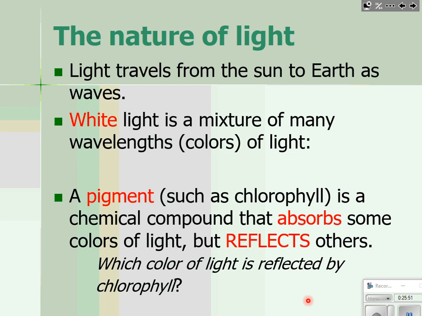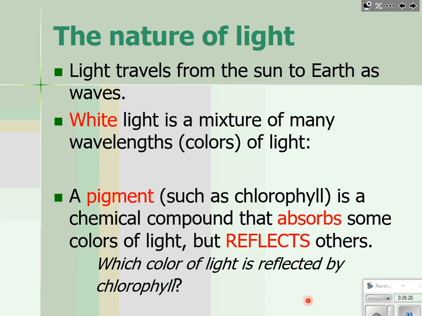So if you are wearing a red shirt, maybe you're an NC State fan and you're wearing a Wolfpack red shirt, the red pigments in that fabric are absorbing orange light, yellow light, green light, blue light, violet light. But those same red pigments are reflecting red wavelengths of light.